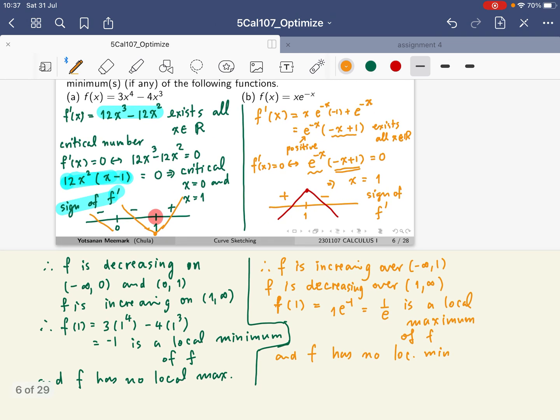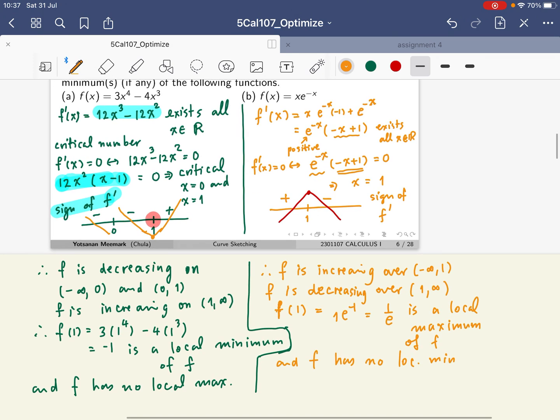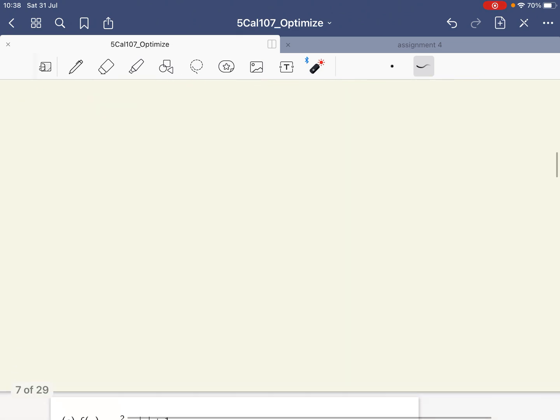It's not like the previous one. The previous one, you say that your f has no local max. So it means that your graph somehow looks like that, or it may look like this. It depends, but it has only one hill. So we still don't know exactly the shape of the curve. We need to have some other information later on.